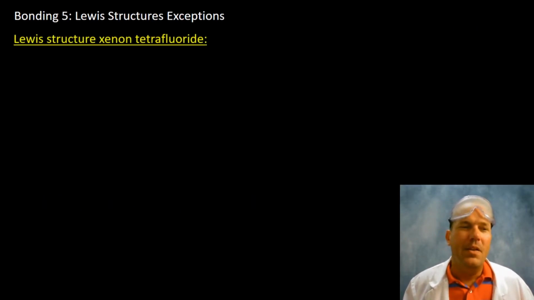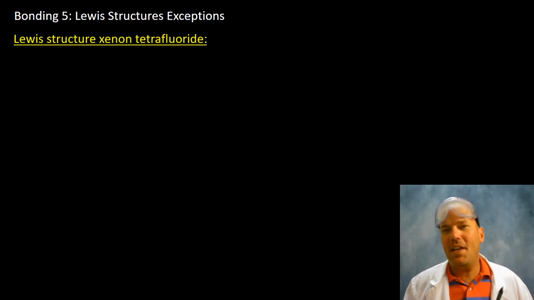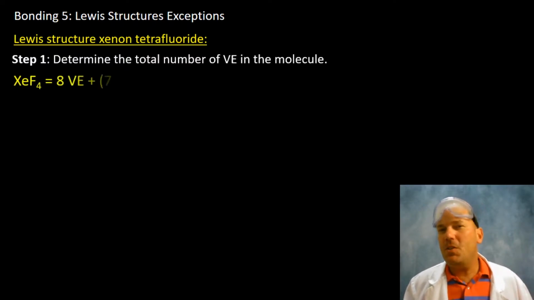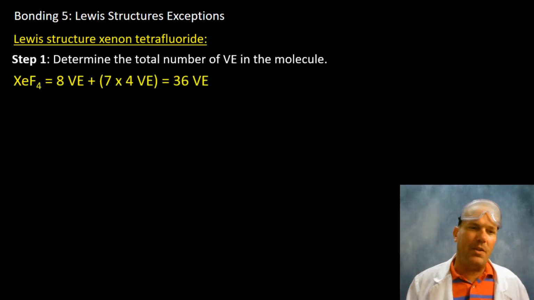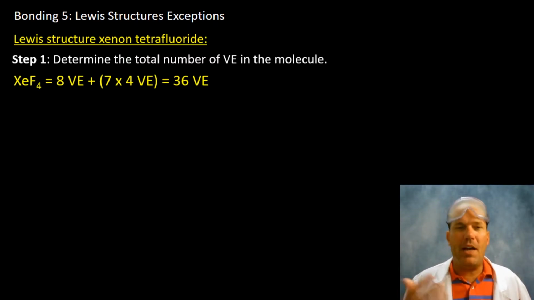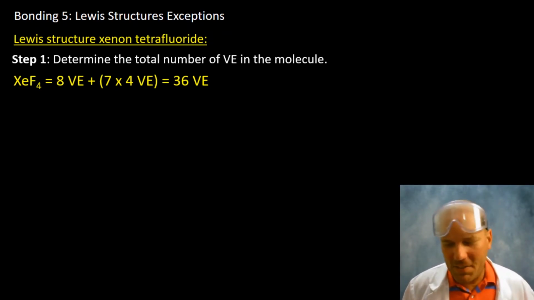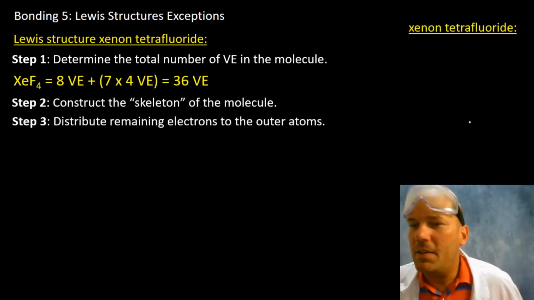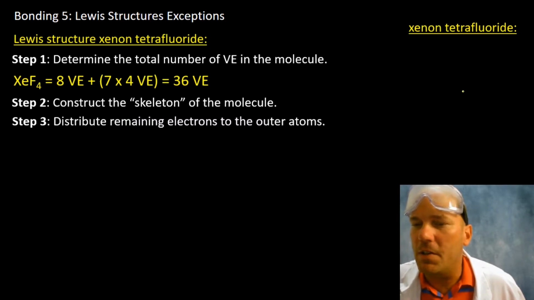Let's talk about another exception. Let's look at xenon tetrafluoride. If you determine the total number of valence electrons in this molecule, you'll have your xenon with its full octet of 8, and then you have 4 fluorines, each with 7, for a total of 36 valence electrons. Steps 2 and 3, let's look at the skeletal structure here.